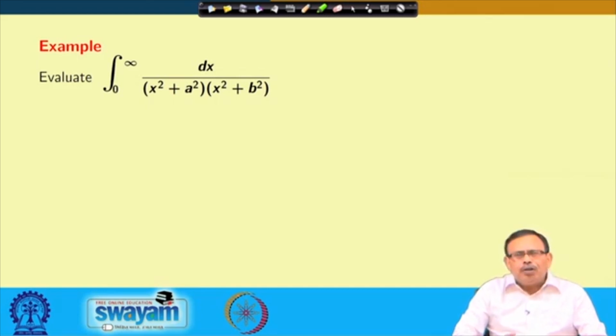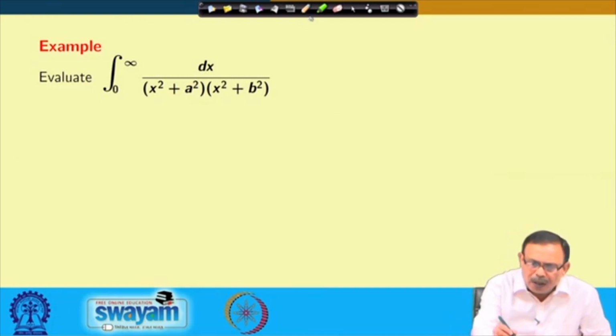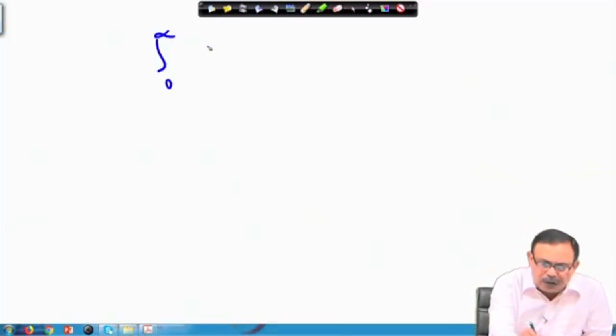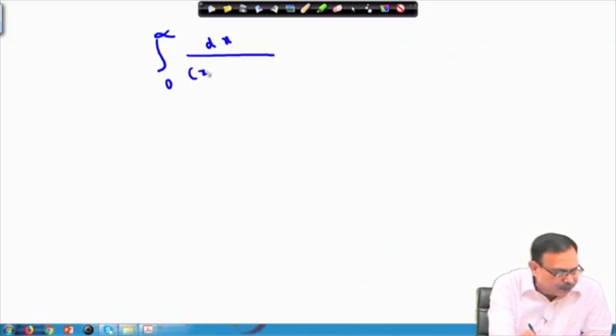Please note, these integrals are known integrals, and I am purposefully using this particular type of integral so that you can understand how much pain I have to take to evaluate one integral in the normal integration process, whereas if I use the Fourier transform or its properties, how easily I can find the values of different integrations. So, let us evaluate this integral. Please note, I want to find out the value of this thing.